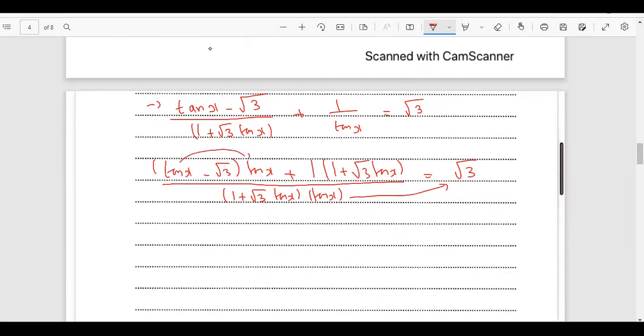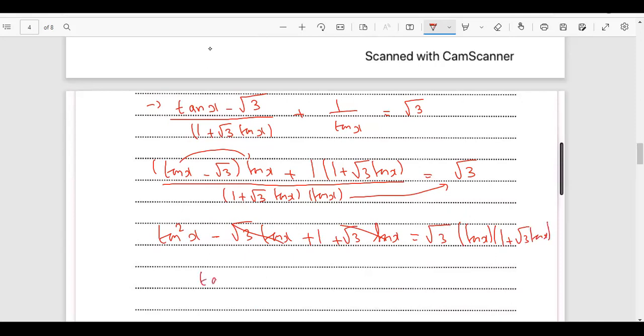So tan x into tan x is going to give you tan square x, minus root 3 tan x, plus 1 plus root 3 tan x. This and this would be cancelled, equals root 3 tan x into 1 plus root 3 tan x.